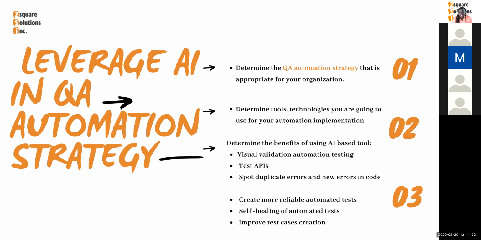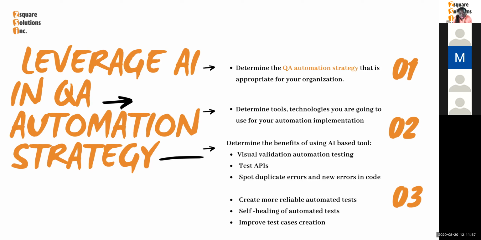All right, so how do we leverage AI in QA automation strategy? For me, this is the first part, because very often I hear of organizations or teams that want to get into automation and want to start using whatever tools, and what they're really missing is a strategy. So you've got to determine from the onset what automation strategy is appropriate for the organization.